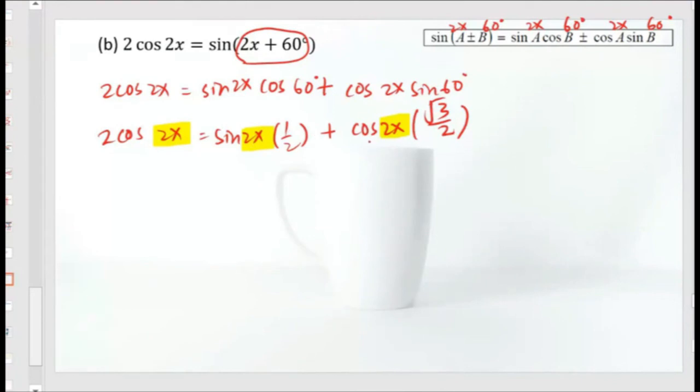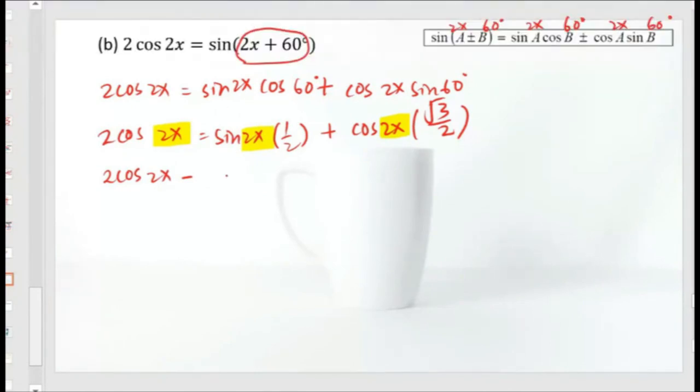Okay, so after this, we move the cos together. So 2 cos 2x minus the square root 3 over 2 cos 2x, we move to the front.